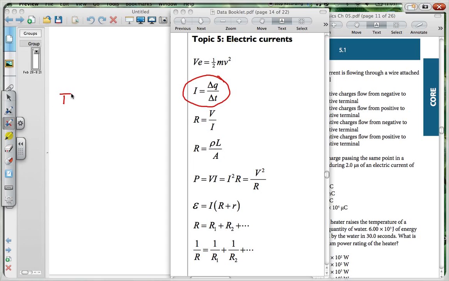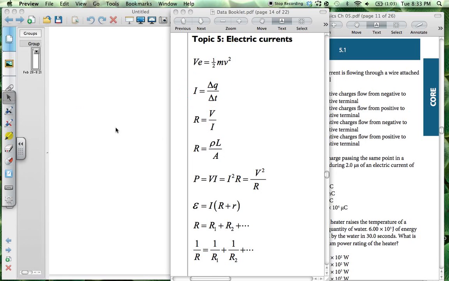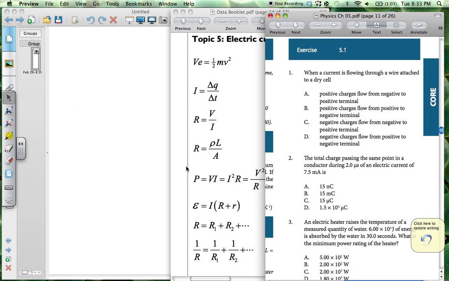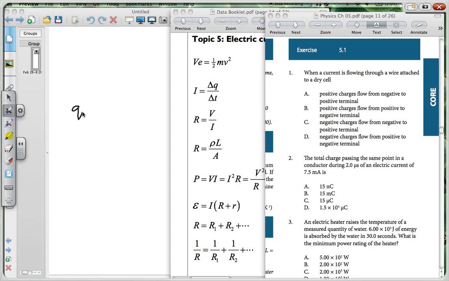I is equal to Q over t. Now we want to work out the charge, so Q is equal to I times t from this formula.